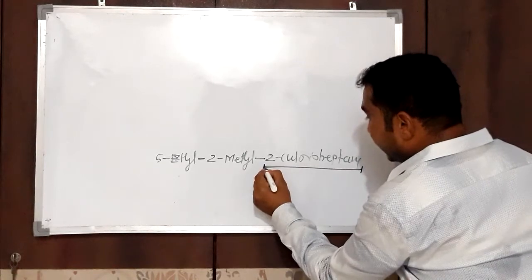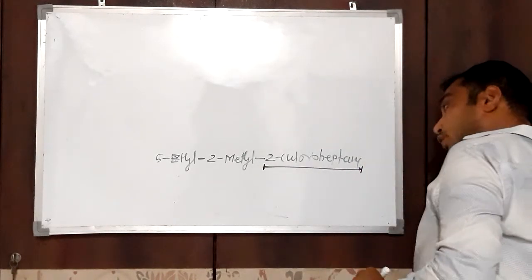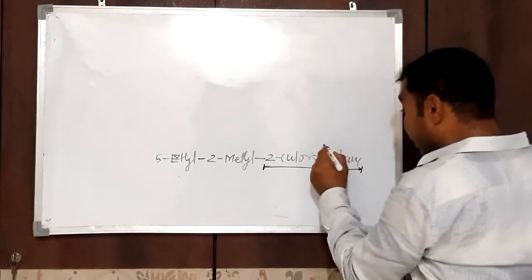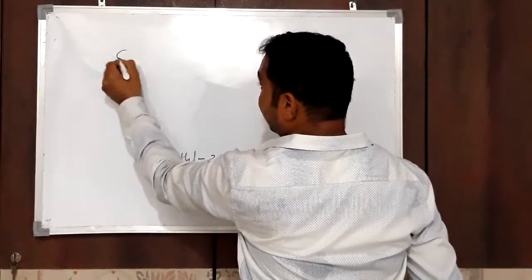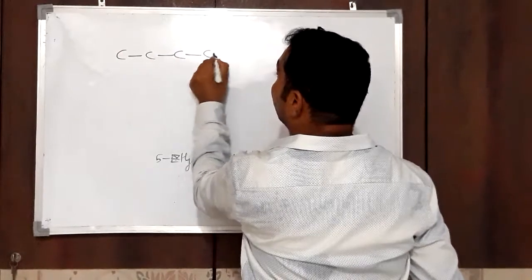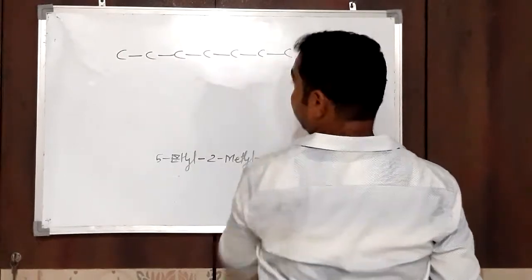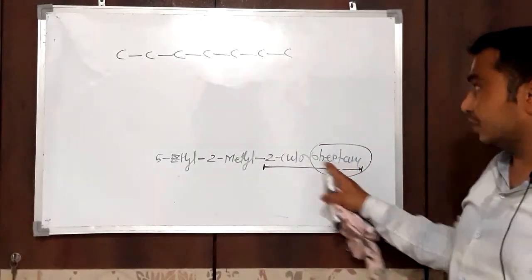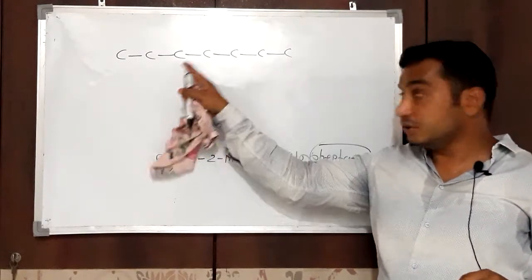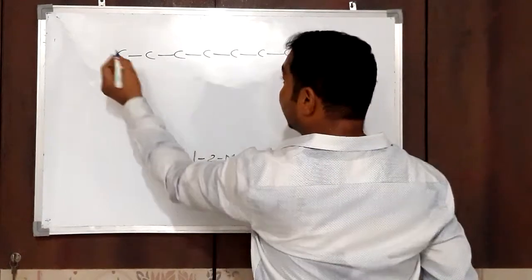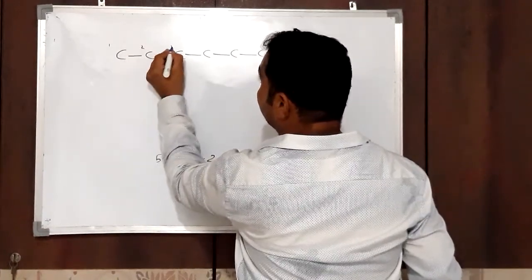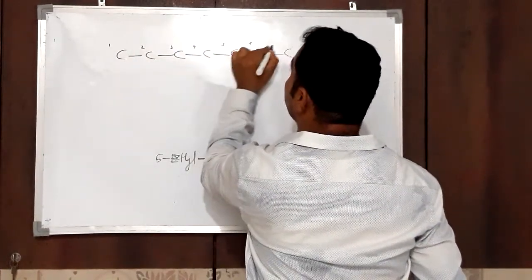Okay, 2-chloroheptane means what? Heptane means what? Heptane means 7 carbon atoms. Draw the chain first: 1, 2, 3, 4, 5, 6, 7. Okay, heptane stands for 7 carbon atoms. I have drawn a chain of 7 carbon atoms. Give numbering 1, 2, 3, 4, 5, 6, 7.